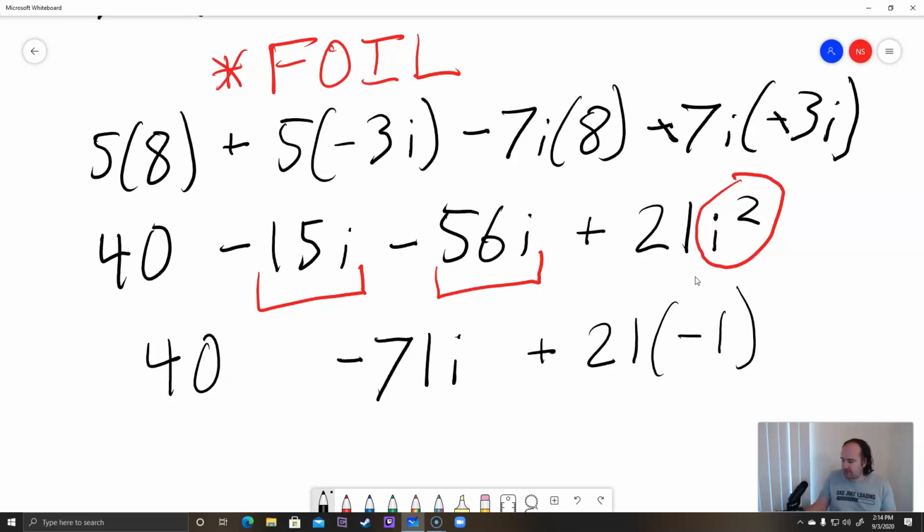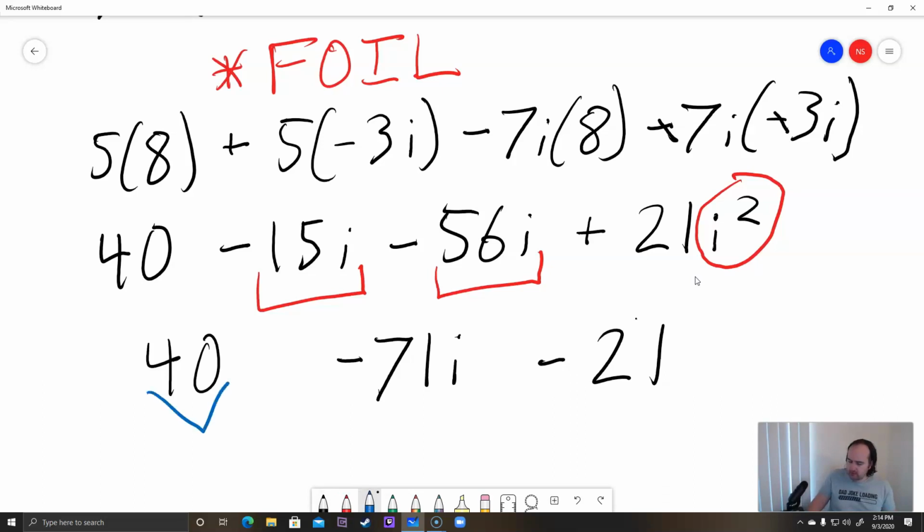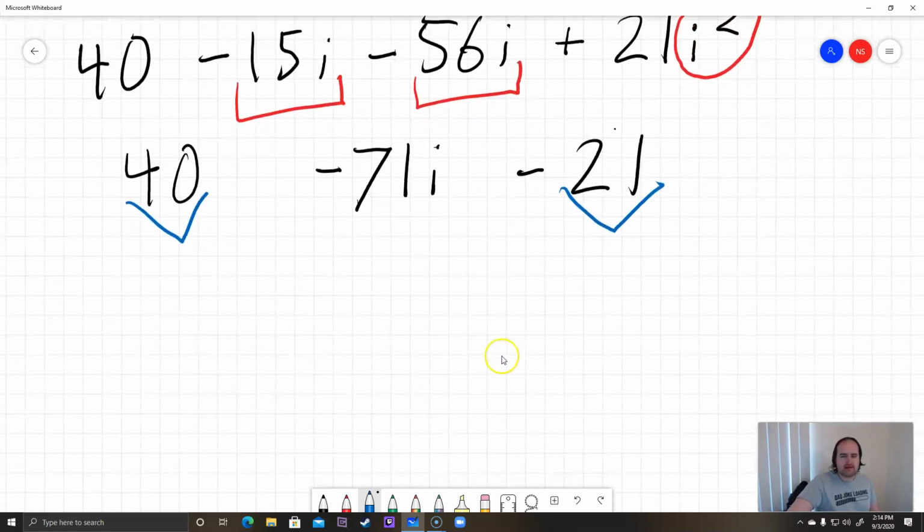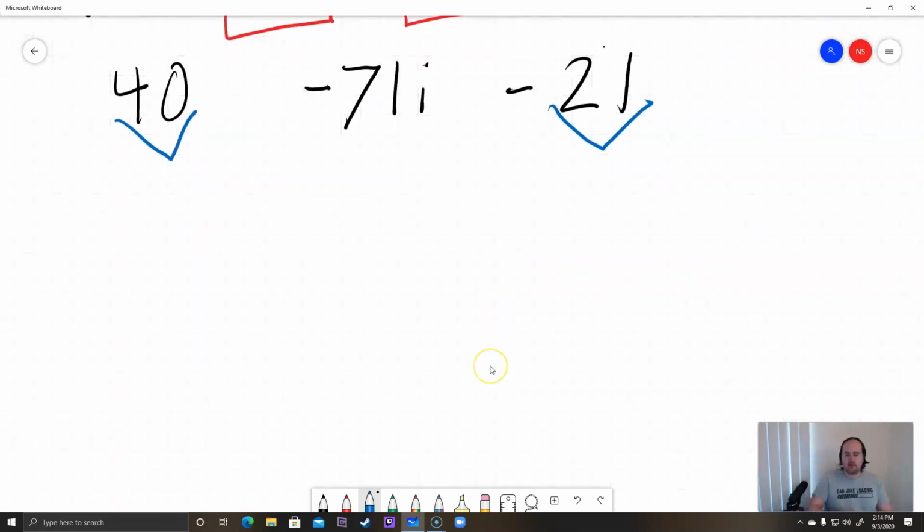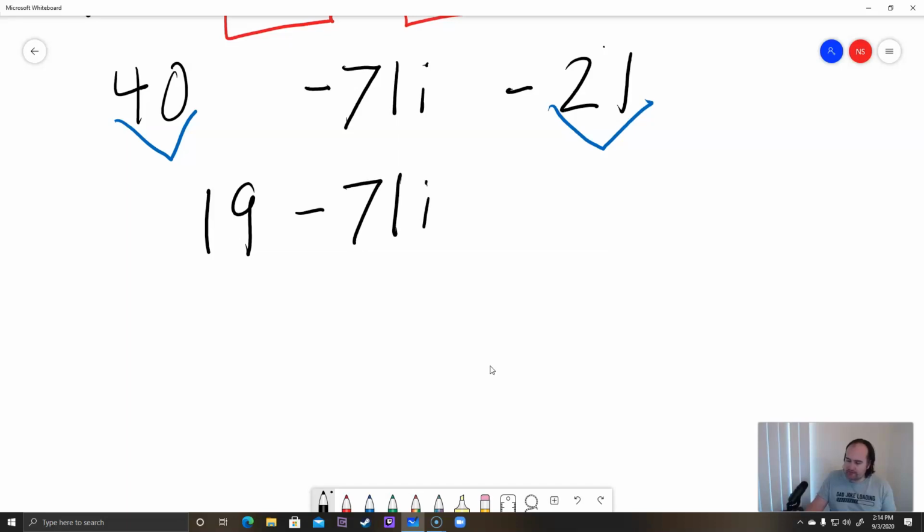And of course, for that last term, 21 times negative 1 is the same as negative 21. And then combining the first term and the last term, 40 minus 21, we're going to get 19. So we're going to have 19 minus 71i.